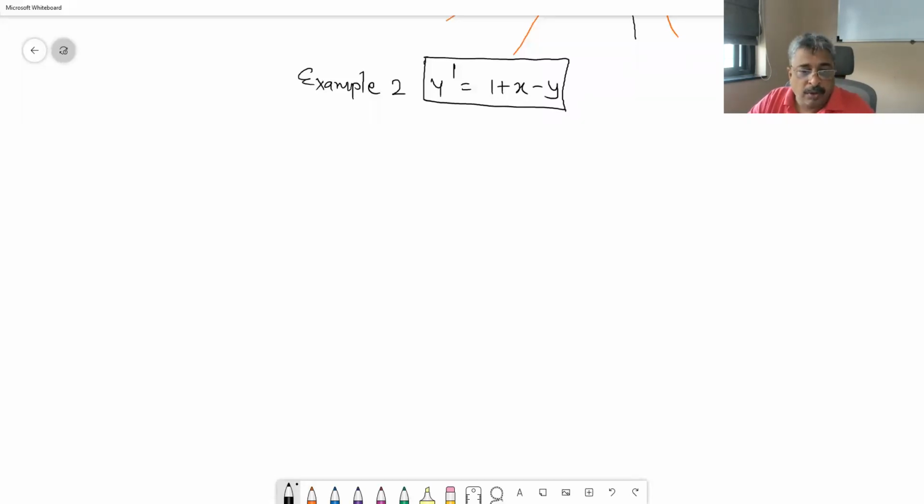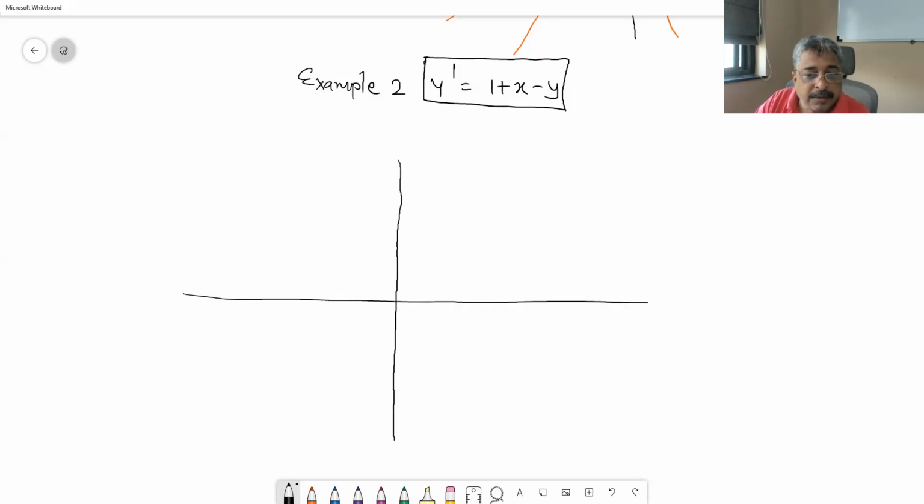Try to solve it. Suppose I have the y-axis and I have the x-axis. For C is equal to constant, C is equal to 0, we get the equation y is equal to x plus 1. Suppose it looks like this.